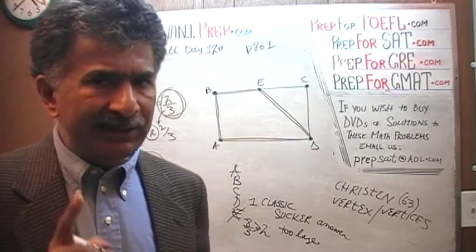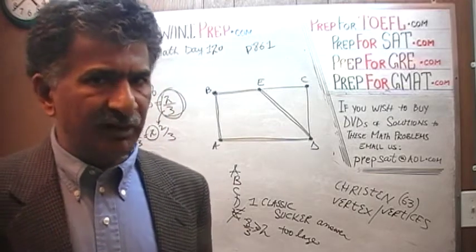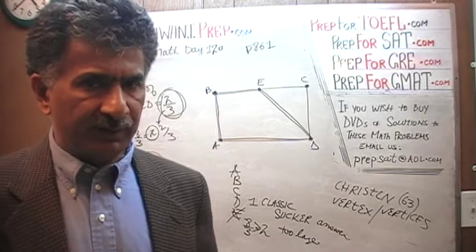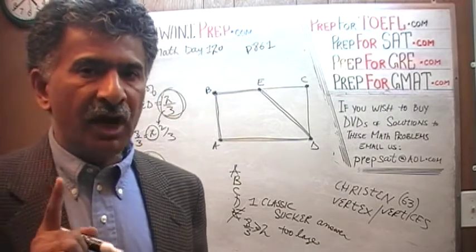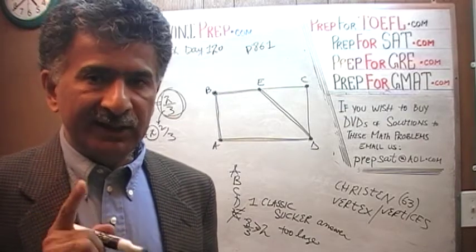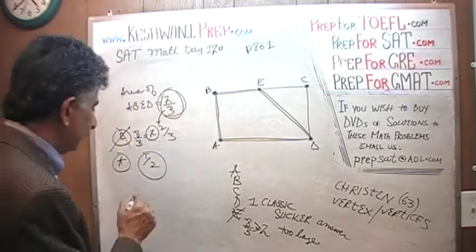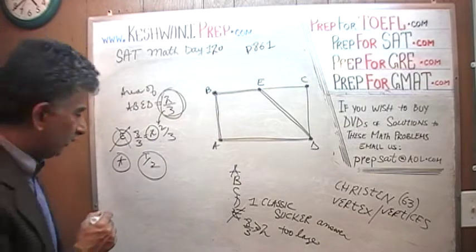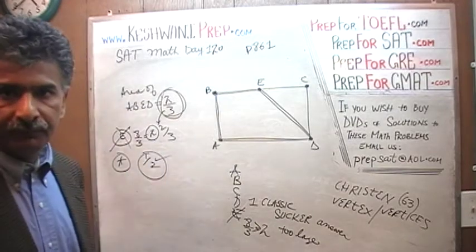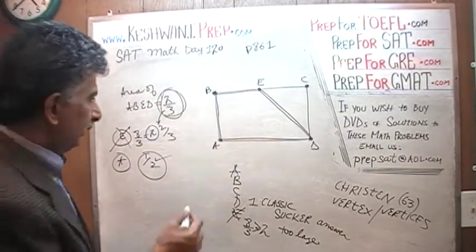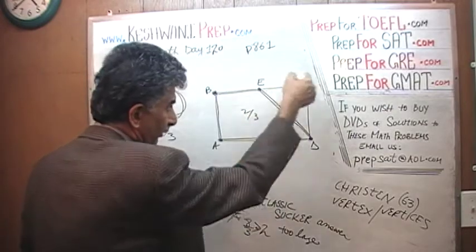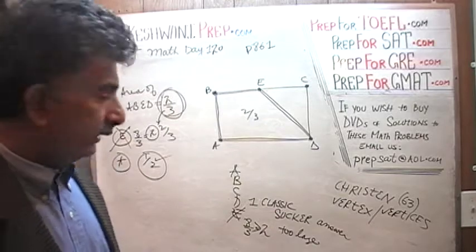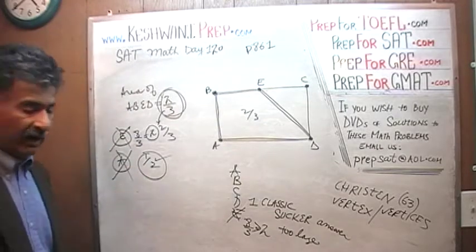And yet, when this particular exam was given, and not just this exam, any question, thousands and thousands of people were sitting there and proudly telling the College Board that the answer is half. They're telling them that because the area of ABED is 2/3, therefore the area of the whole thing is got to be less than 2/3. It is utter nonsense. Half is too small.